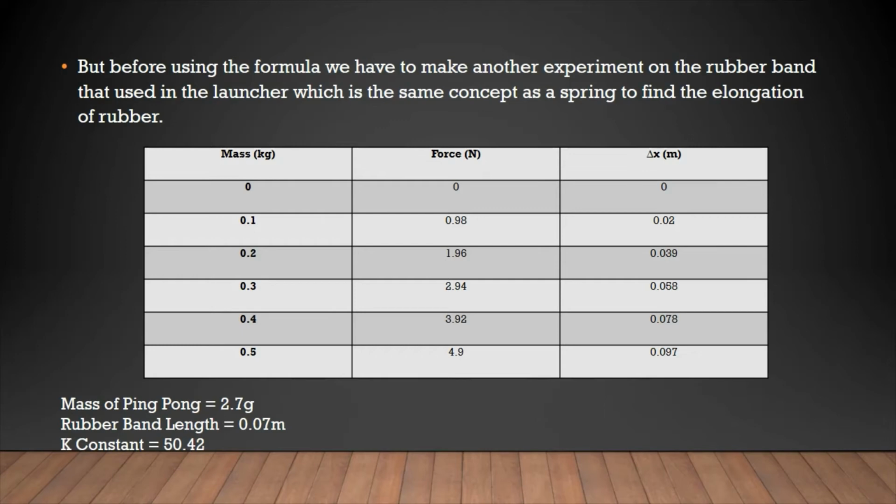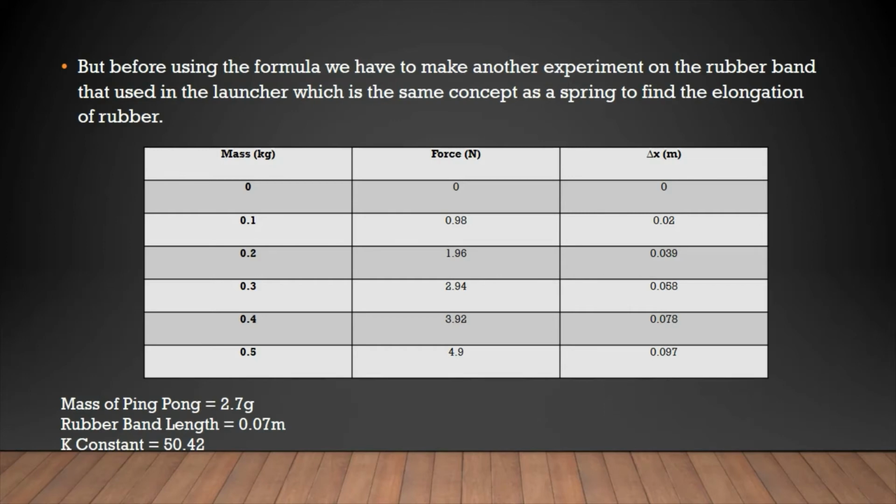After we get the mass, we must multiply by the gravity, which is 9.81. So the mass times the gravity gives us the force. After we get the force, we get the value of the change in position.